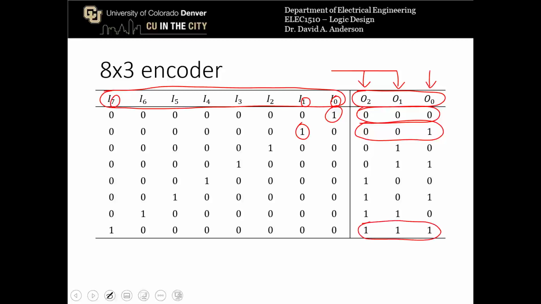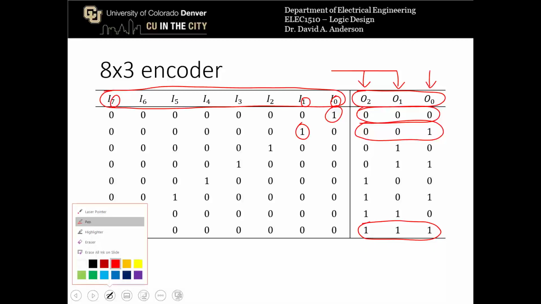Now, the truth table that you would have to draw in order to include all possible inputs would be enormous. So we don't actually normally define this type of function in terms of all possible inputs. And actually, just defining an encoder this way leads to very simple output functions.